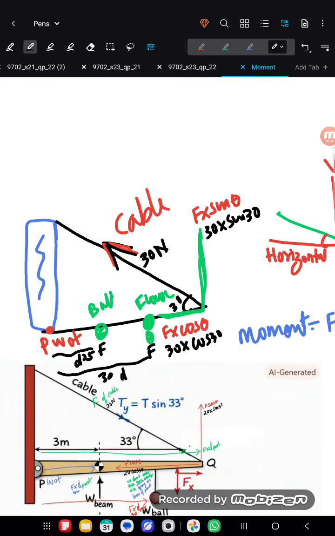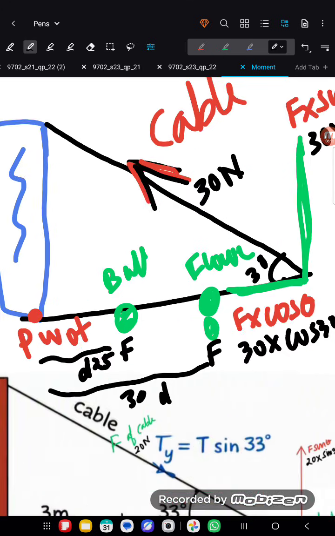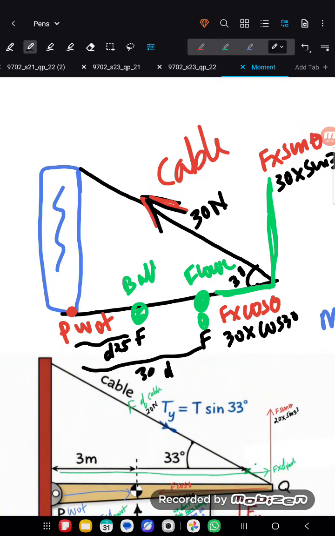Okay, so again I'm repeating, if they give a question like this, they will give you the angle, they will give the weight of the cable or whatever. Then here they will give you some weight, and they will ask you the force or whatever they will ask you.